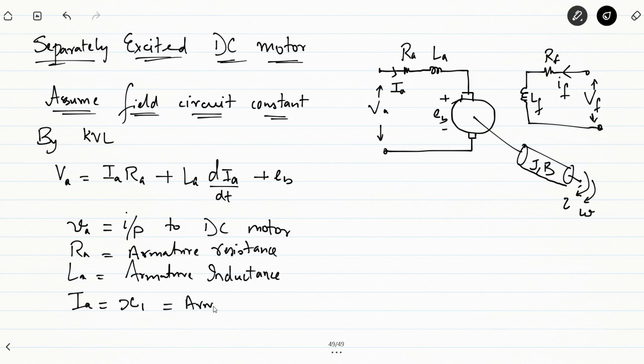So the armature current represents one state variable, let that be represented by x1.